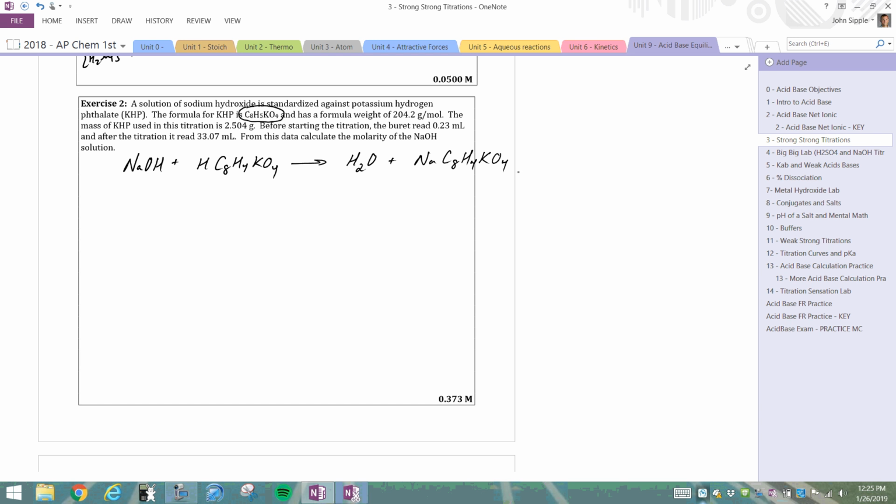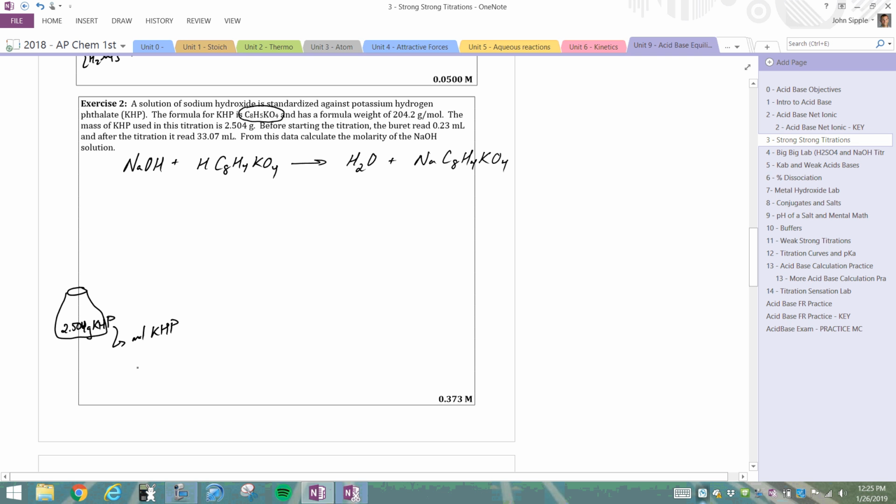So just so we can visualize this, in our flask we have 2.54 grams of KHP. What we know is we can figure out the moles of KHP, and in knowing that, we know that we react in a 1-to-1 mole ratio.